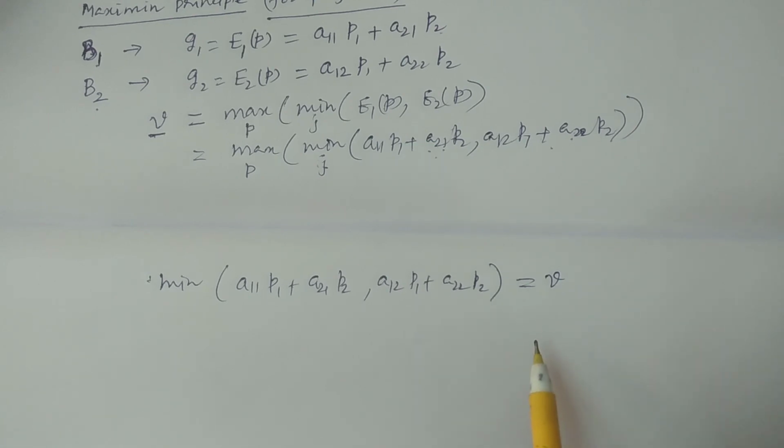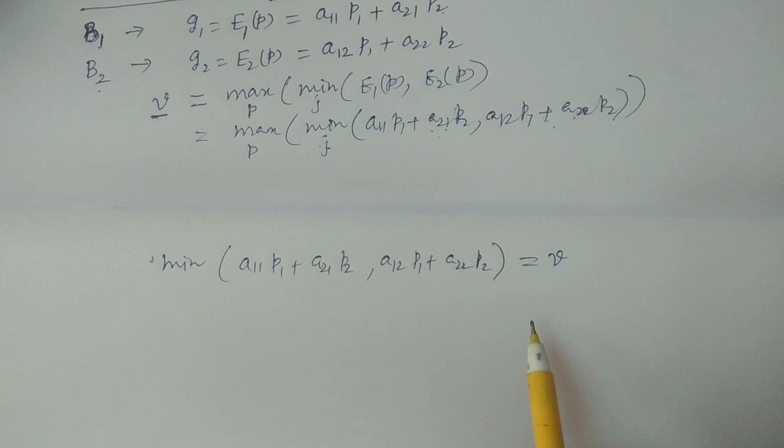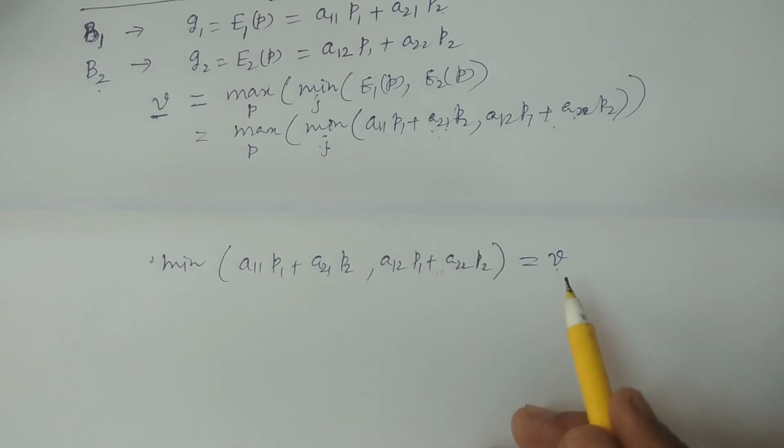So for example, the minimum of 4 comma 2 is nothing but 2. So every value is greater than or equal to mu. The minimum of a comma b is equal to, for example, a, so a is greater than or equal to a, and b is also greater than or equal to a.